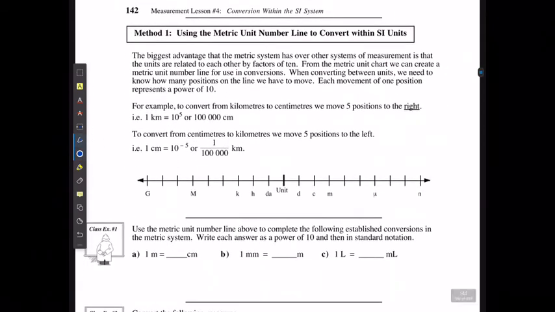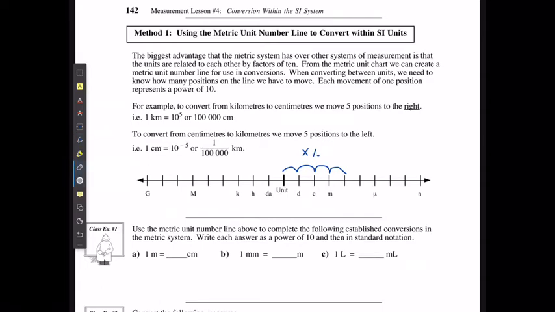When we're doing the conversions, we can use a number line, and for some people that makes it easier because the number line is just stating how many points in the base 10 system we're going to use, or we do it the same way that we would if we're doing scientific notation, where we say that if we're moving to the right, multiply it by 10 to the power of how many moves we had to do.